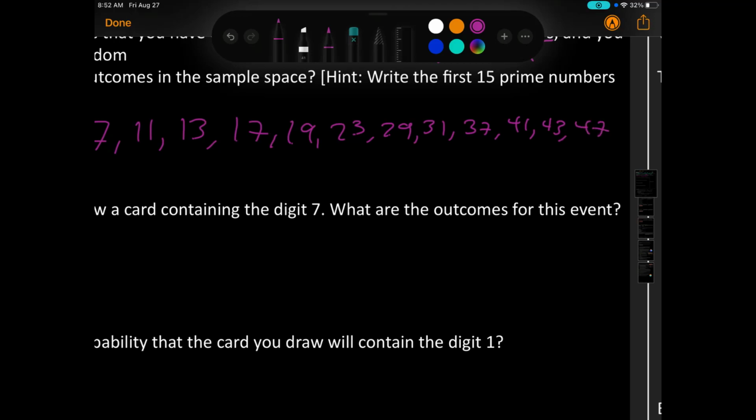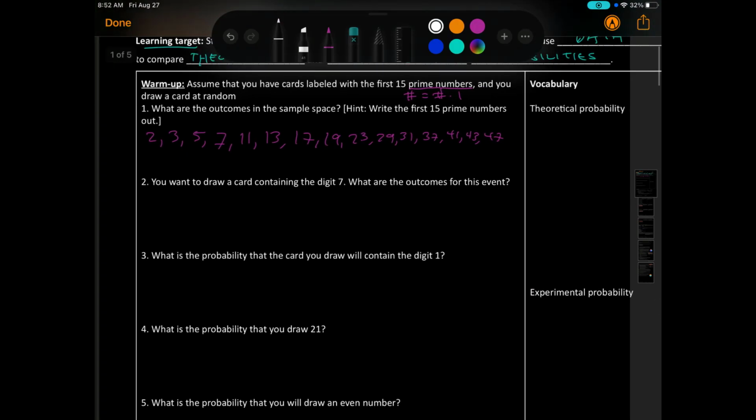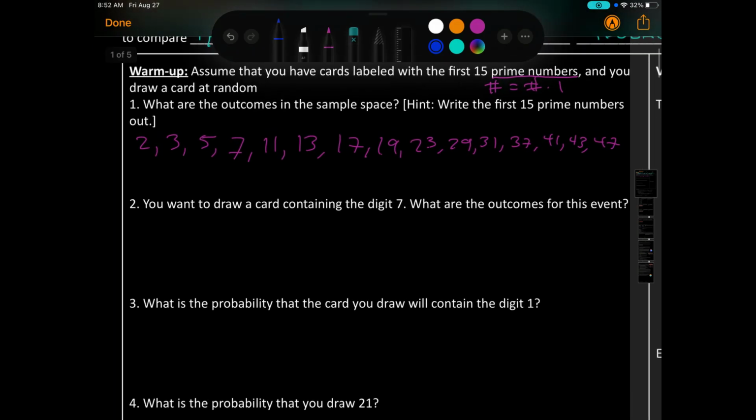A good review with your data is that the numbers are ordered from least to greatest, and you can help yourself out by writing the numbers on top. That's super helpful sometimes. 6, 7, 8, 9, 10, 11, 12, 13, 14, and 15. Okay?